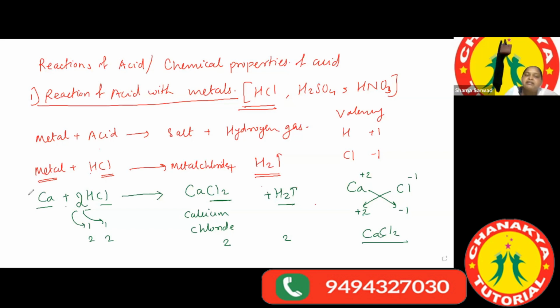It's like mathematics, students. It's a formula and you just have to put the things in. That's it. Fine. So I'm going to give you aluminium reacted with HCl. What would be the product?